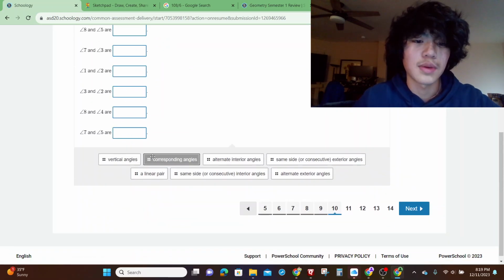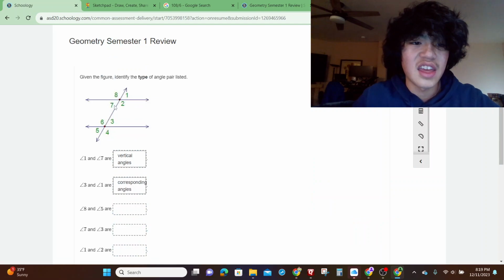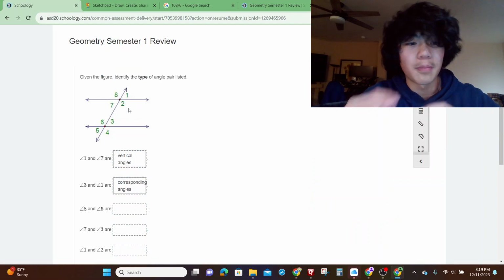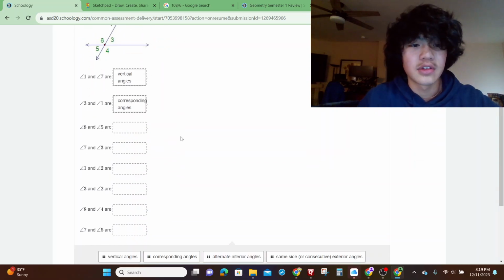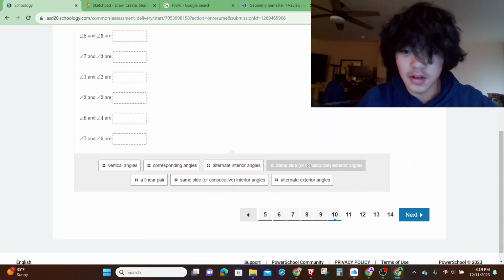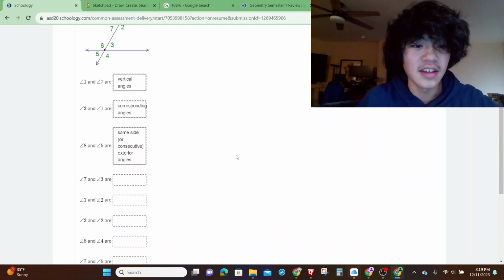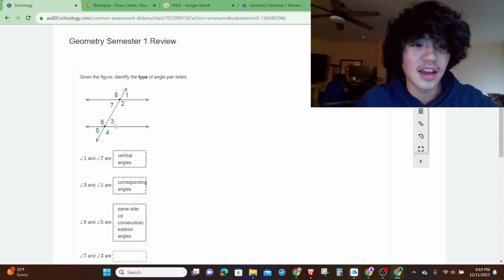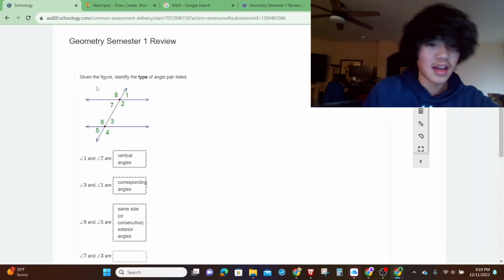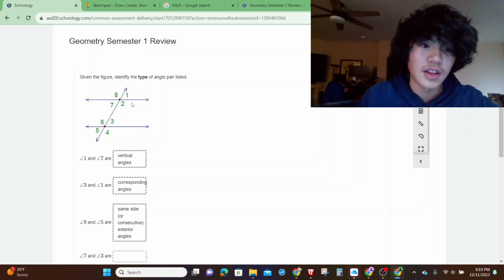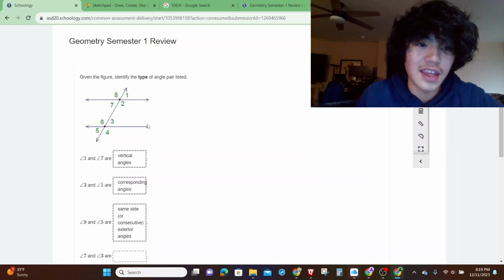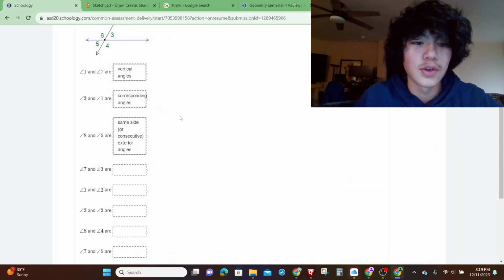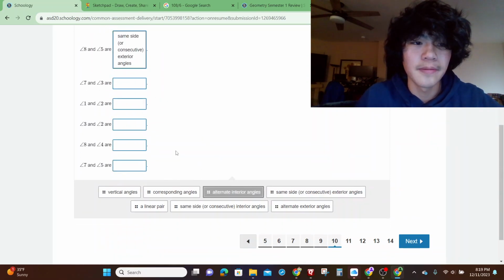So they are corresponding. 8 and 5 are both on the exterior and they're on the same side, so it's consecutive exterior. And then 7 and 3, let's look at that. Those are on alternate sides of this transversal, and they're both on the inside of these two lines. So those are alternate interior.